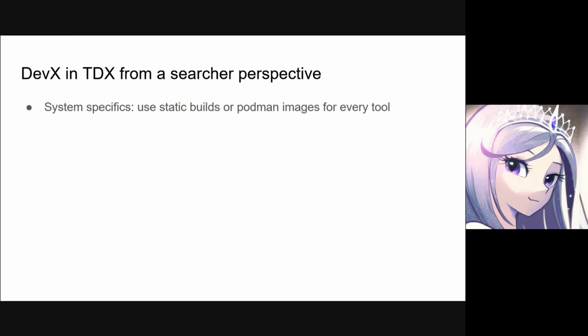So there are multiple things that you should consider as a searcher when you're trying to search from the TDX, and I wanted to quickly cover that. I also wanted to have a quick demo SSHing into our machine and showing how things work, but it looks like we don't have time for that.